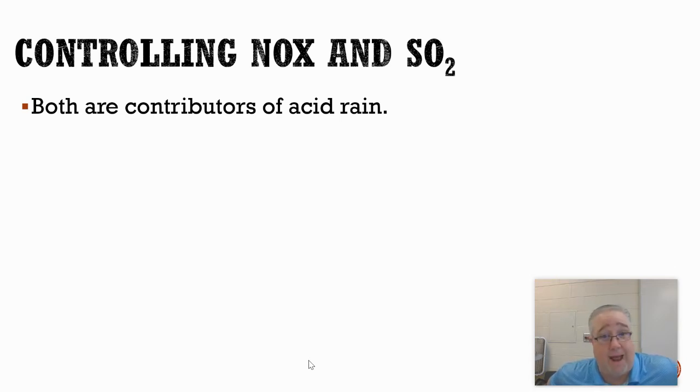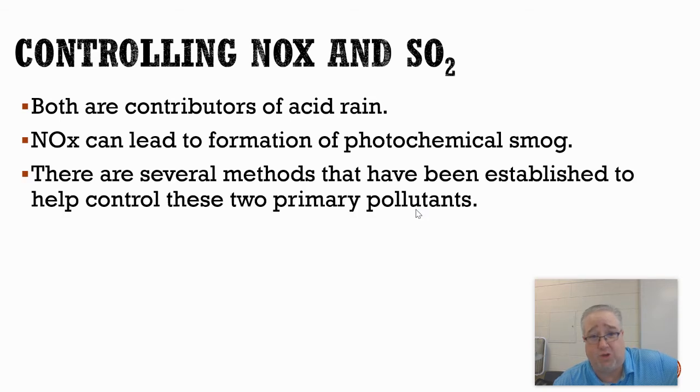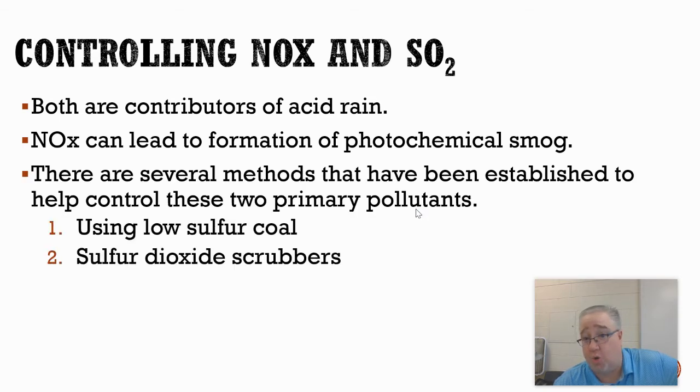Now, we will talk about acid rain more in tomorrow's lecture, but acid rain is pretty bad for the environment. It creates an acidic pH. With precipitation, it can contribute to altering the biodiversity of lakes and rivers and things like that. But again, NOx can also be a part of photochemical smog. So these are some things that we really have to look at and control.